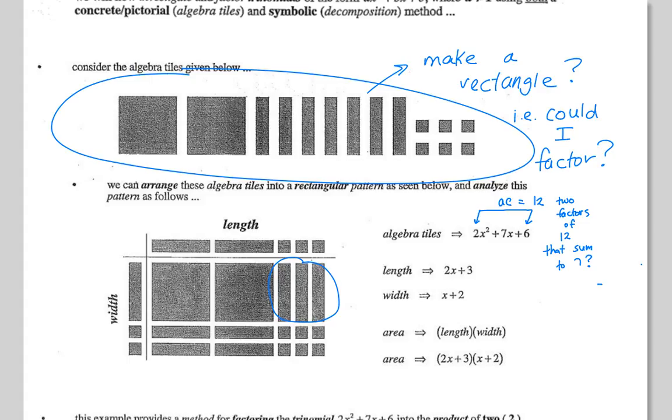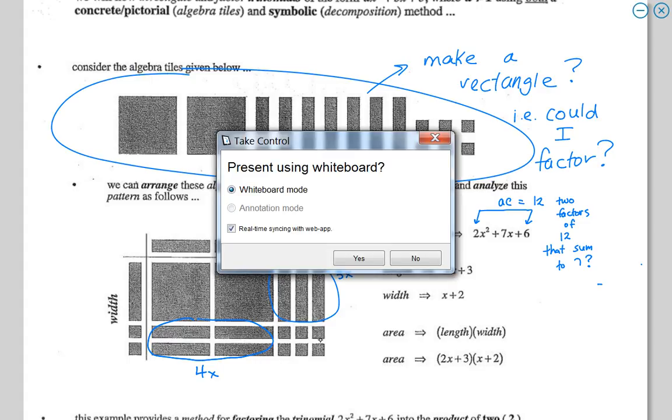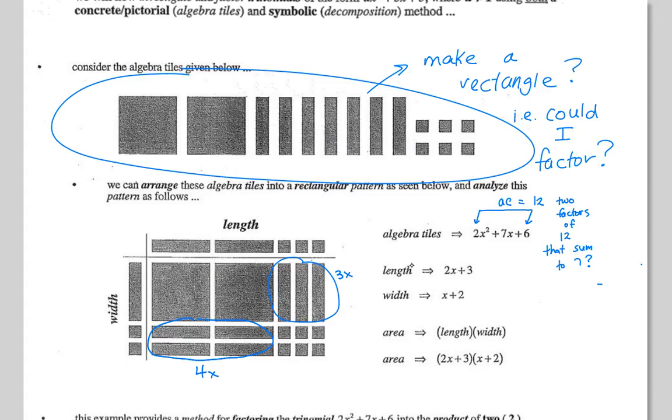So here we have 3x, and here we have 4x. What is 3x plus 4x? 7x. That's what we started with, right? Now, the reason that you arrange the 7 middle terms into 2 terms, 3 by 4, is so that you have exactly enough room to fit those 6 units.